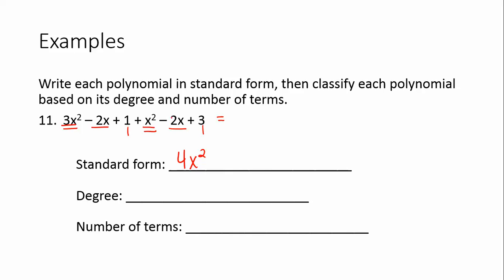You have a minus 2x and another minus 2x, that's minus 4x, and a plus 1 and a plus 3, that's plus 4. We did some simplifying of expressions way back in the beginning of the year, so hopefully this is a review for you. So now the degree is a 2, and that's quadratic. Remember, it matches that first term, or the highest, and again, 3 terms, so it's a trinomial.